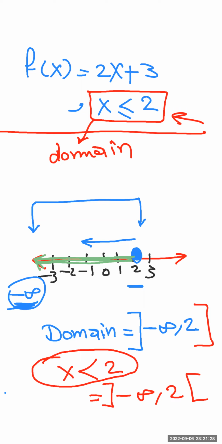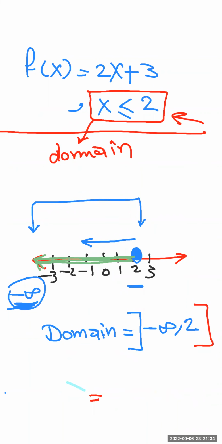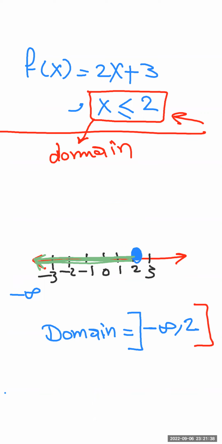Okay. So now I will clear this one and get back to my question one more time. Guys, I want to write down the domain with a different formula. I will write like this, domain equals. I just said that the domain is this area, right?